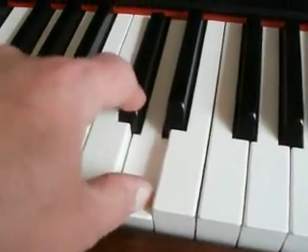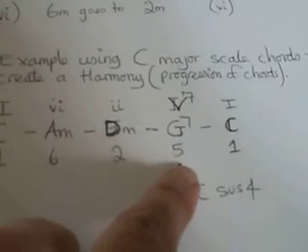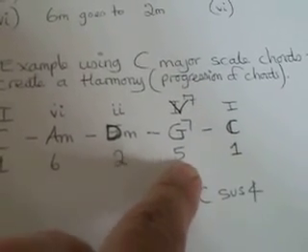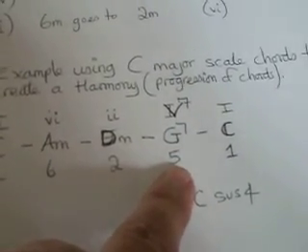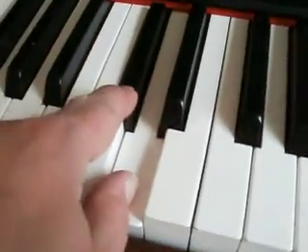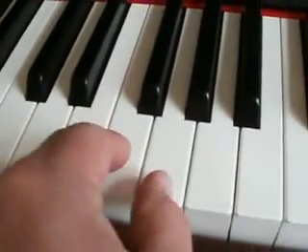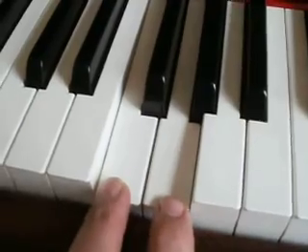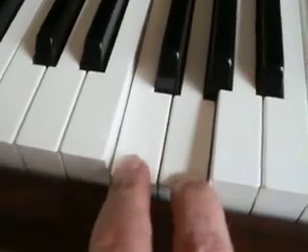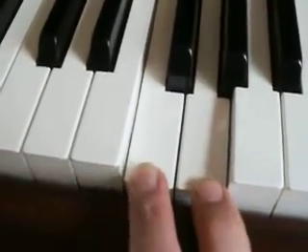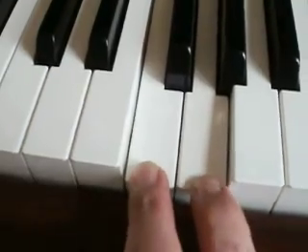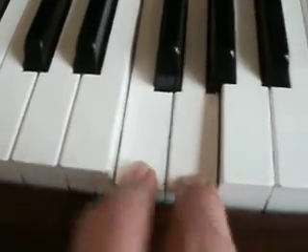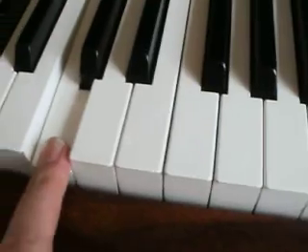And that wants to go to the 5th, which in this case is G. Okay, so D minor. In this case I'm going to have to do them two. That's G7. And G7, being number 5, wants to resolve to 1.